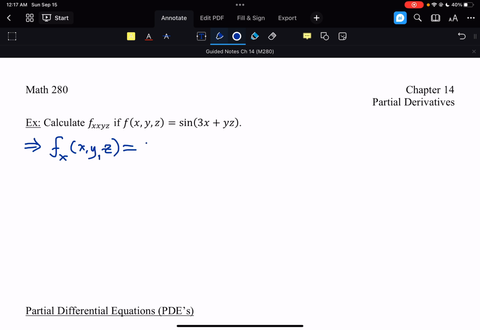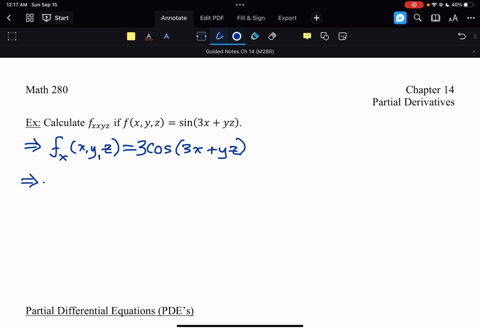So we've got a function of three variables here. With respect to x, we've got cosine of 3x plus yz times the partial with respect to x of the inside function, because of the chain rule. And that's just a 3 here and nothing here, because y and z are just constants.